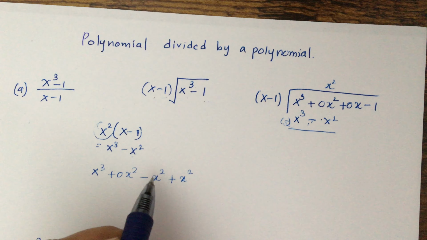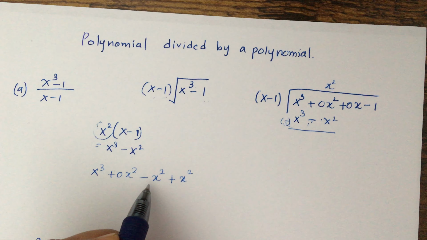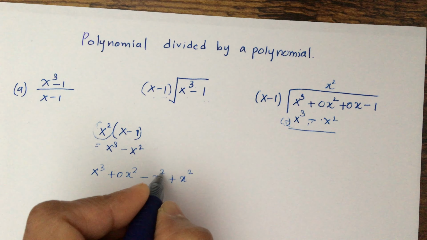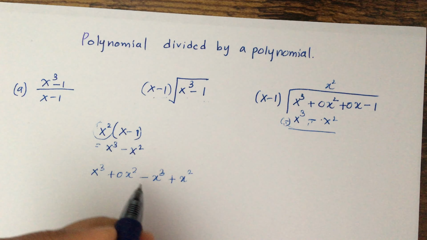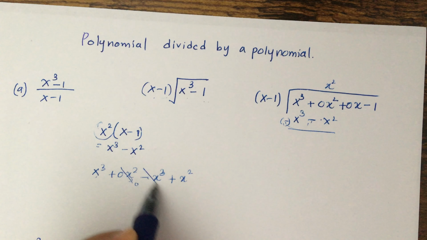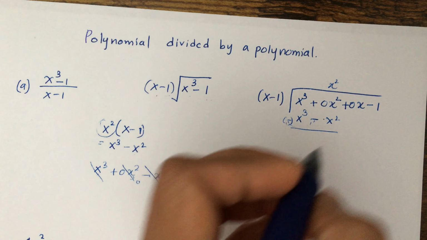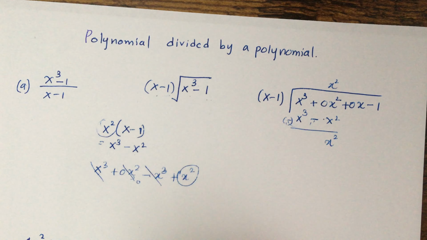As you can see, this is 0 x squared, so this is 0. And you have x to the power 3 and x to the power 3, but one is negative, so this is cancelled and the rest is x squared. So you have x squared after the subtraction, right?